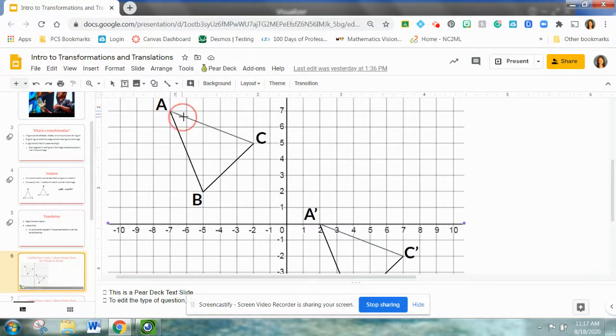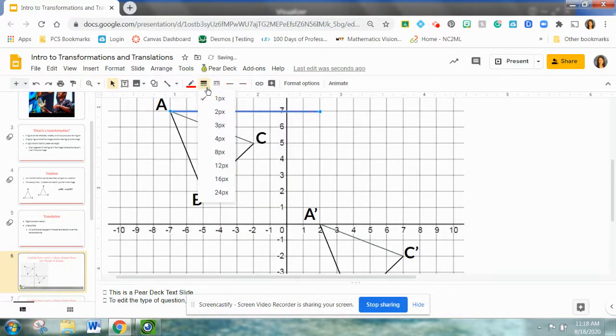So I'm starting at A and I'm moving right, and I'm going to change the color and I'm going to change the thickness of the line. If you're doing this at home on paper, you can do this with a marker or a colored pencil or whatever you want. I'm just going to do this with my Google slide.